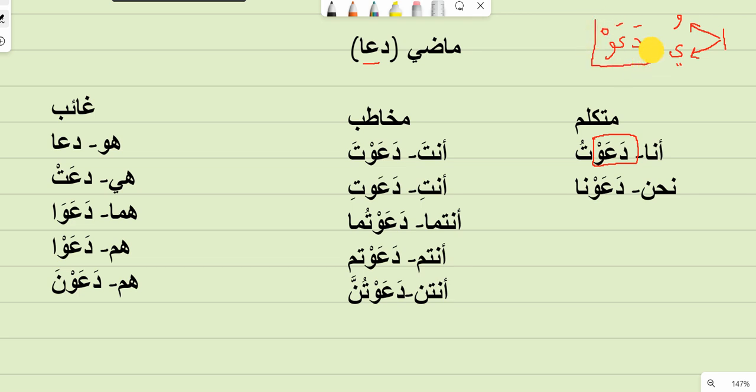So you will be using this stem plus past tense damirs. So remember that. And if anybody has confusion why the waw is there and not alif, this is the reason: alif is not the original letter.